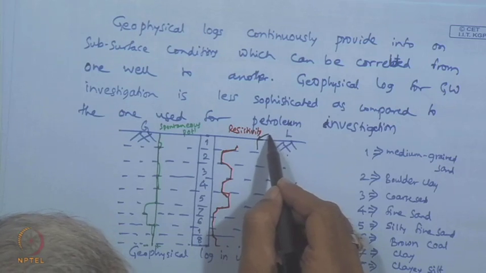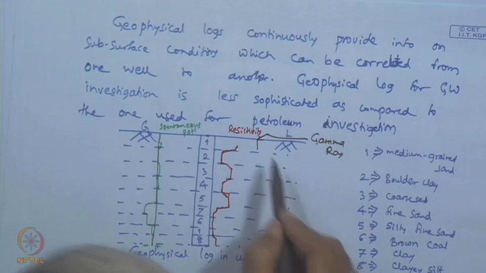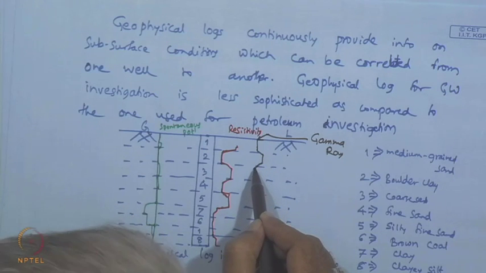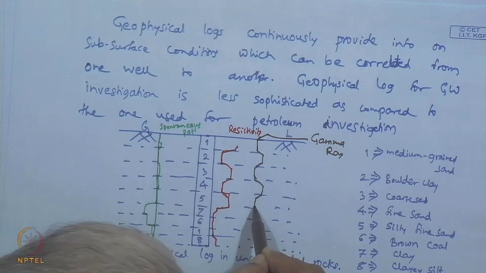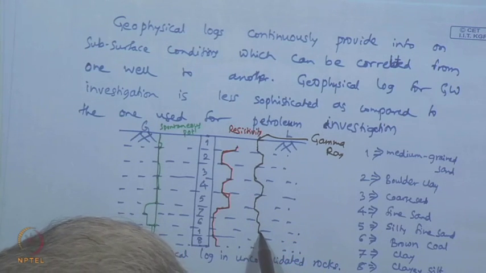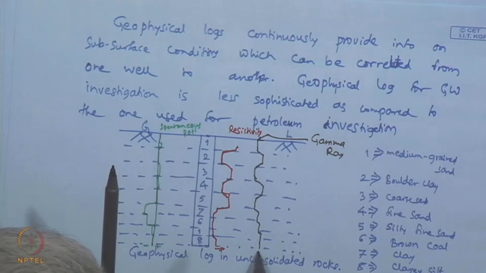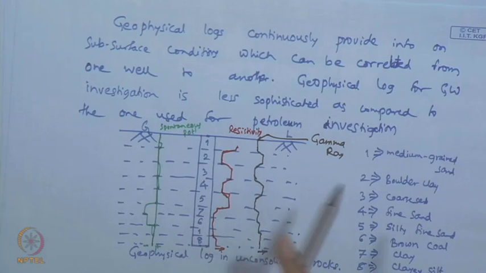So, this is the gamma ray, and in this case the values increase in this direction, whether it is the electrical resistivity or the gamma ray, and then the same thing can also be done for the caliper.